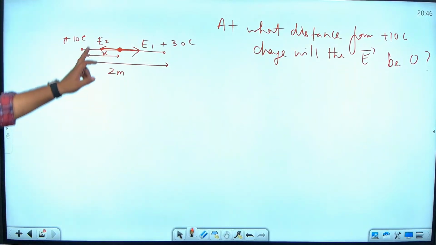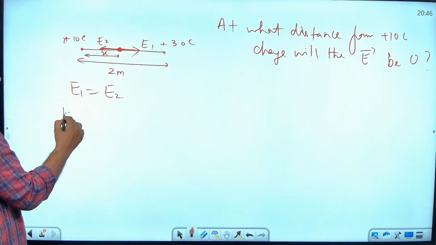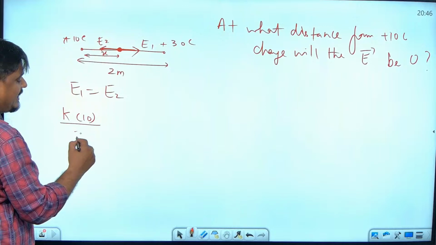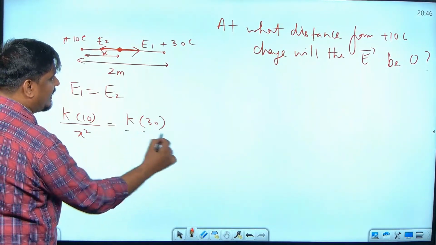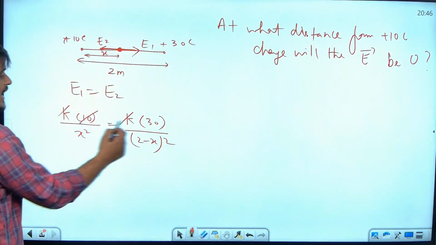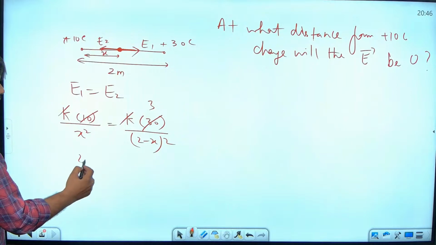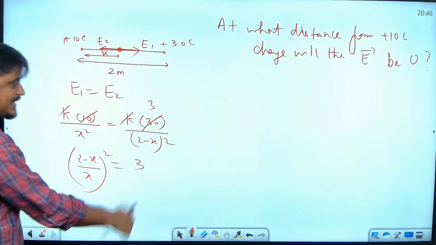If at this point electric field has to be 0, E1 must be equal to E2. E1 is K into 10 by x square. E2 is K into 30 by 2 minus x the whole square. K gets cancelled. 10 will make it 3 times. So it will become 2 minus x by x the whole square is 3.